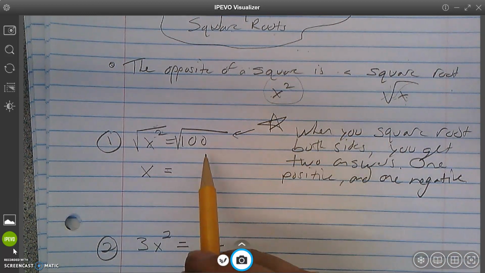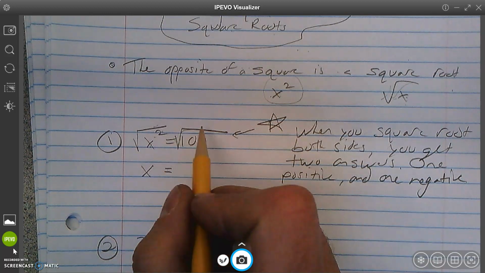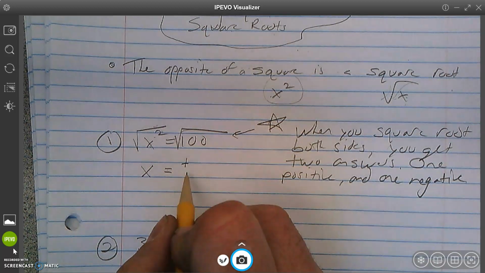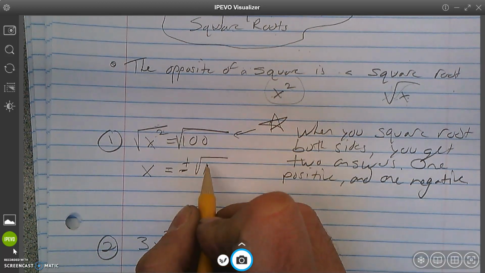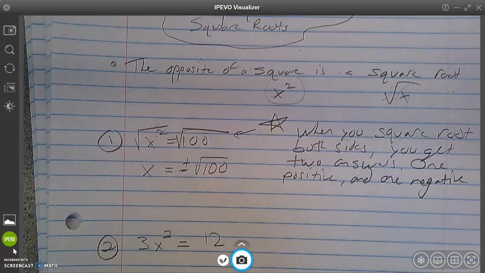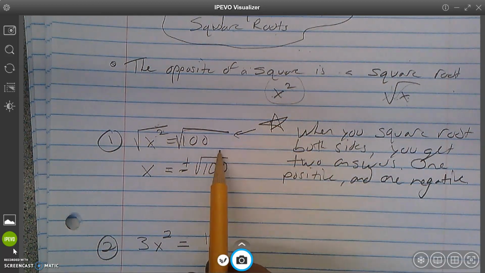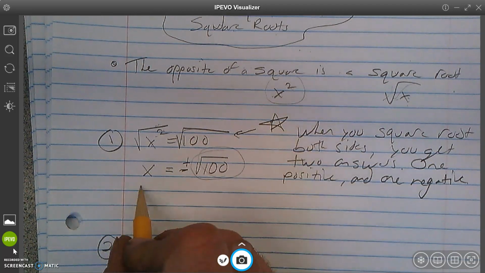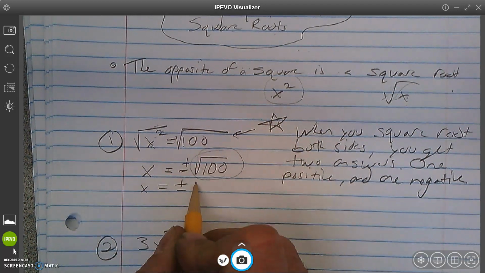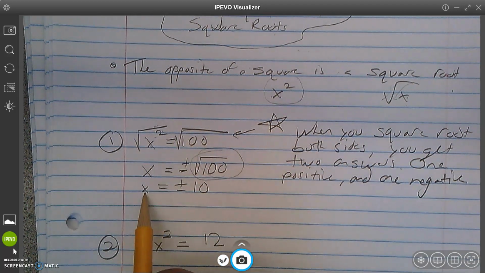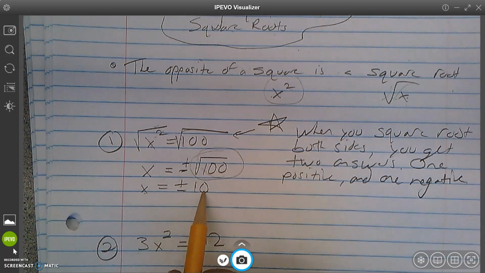So it's not just the square root of 100, it's plus or minus the square root of 100. The square root of 100 is 10, so x is positive 10 or negative 10.